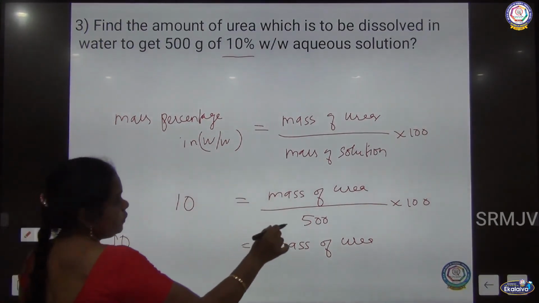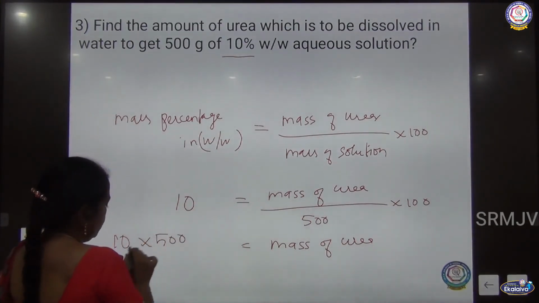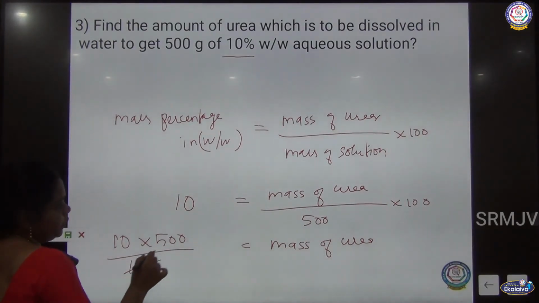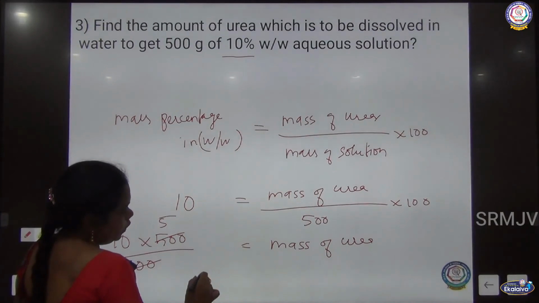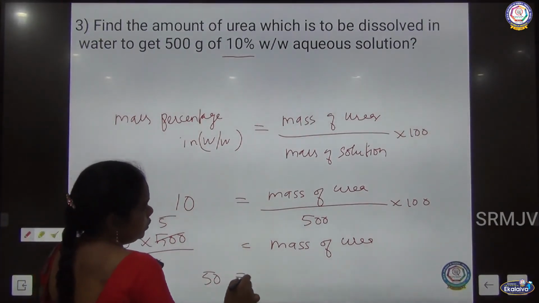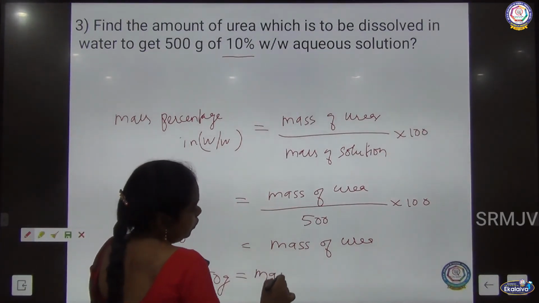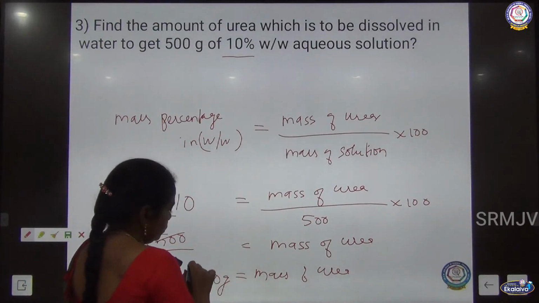If you bring this 500 this side, it becomes numerator, and then this becomes denominator. So here 5 into 10, 50 gram, 50 gram of mass of urea.